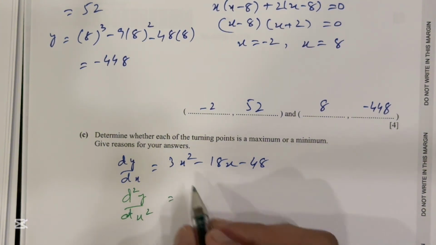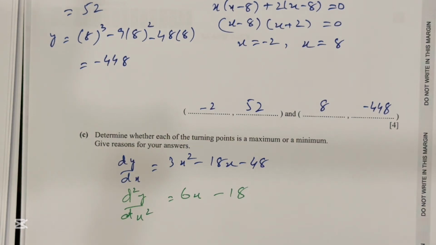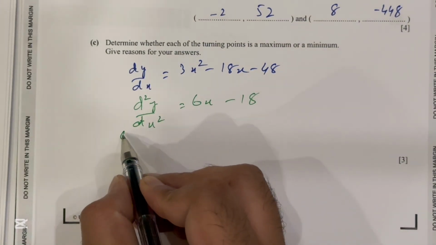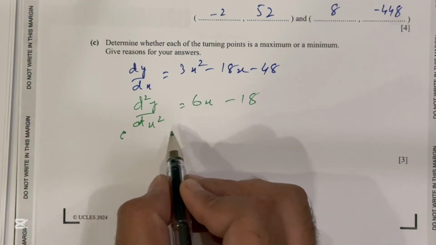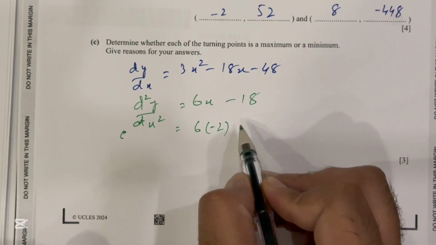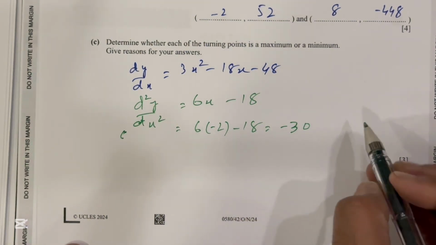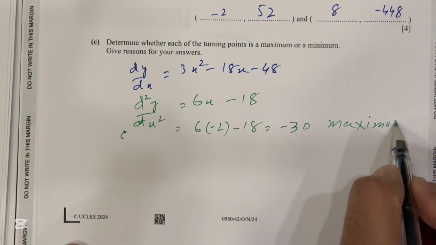It will be 3 multiplied by 2, it will be 6x, and it will be minus 18. Now 6x minus 18, and put in the value of minus 2: 6 into minus 2 minus 18, you get the answer, that is minus 30. So at minus 30 the value is maximum.